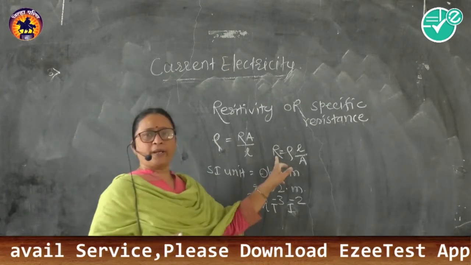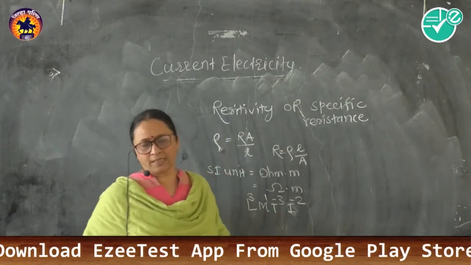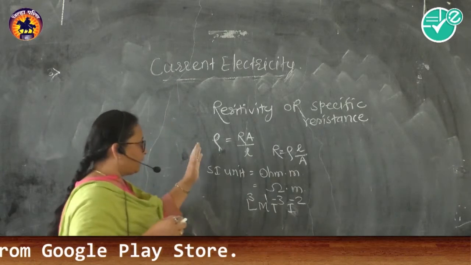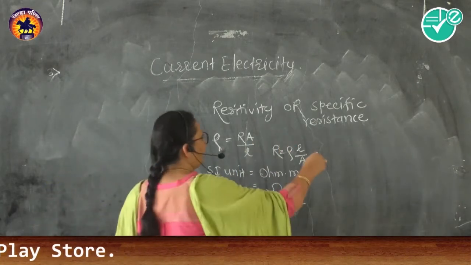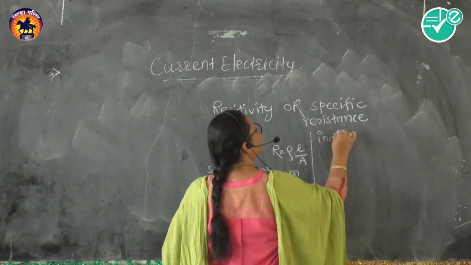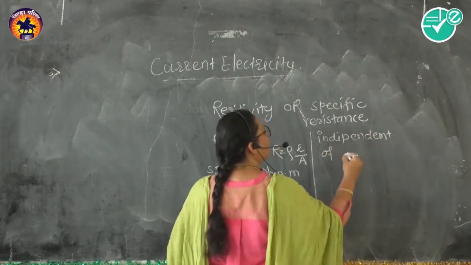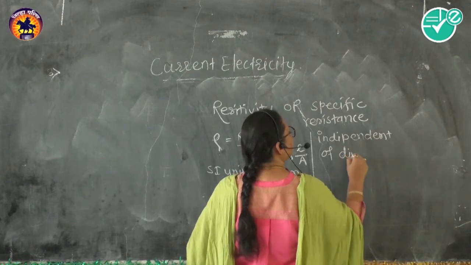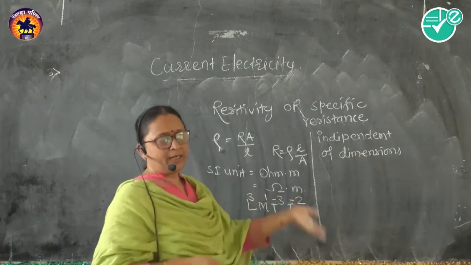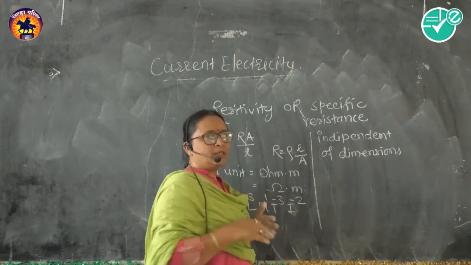As resistance depends on the length, that means dimension, its material, as well as the temperature of any conductor, but in the case of resistivity, it is independent of the dimensions. Whatever may be its length or whatever may be its area, it does not depend on all these things.